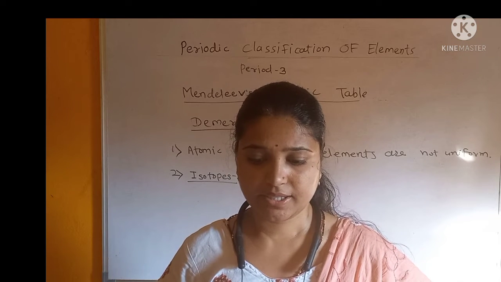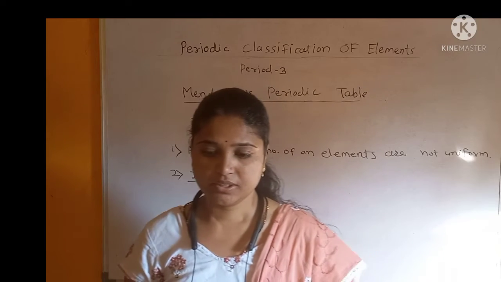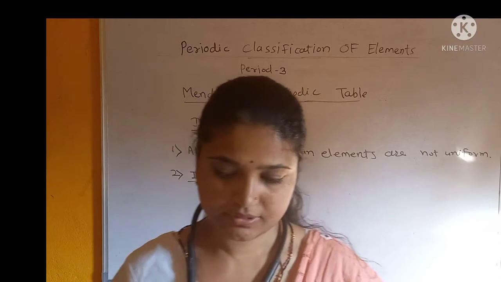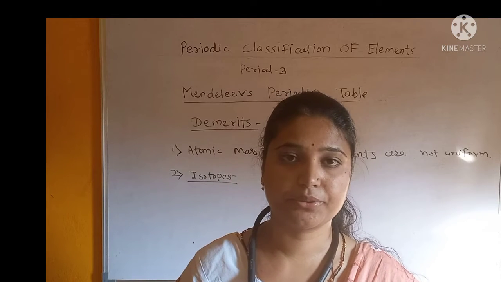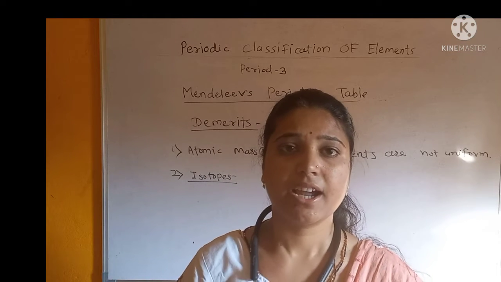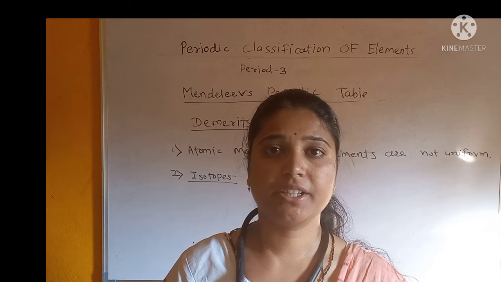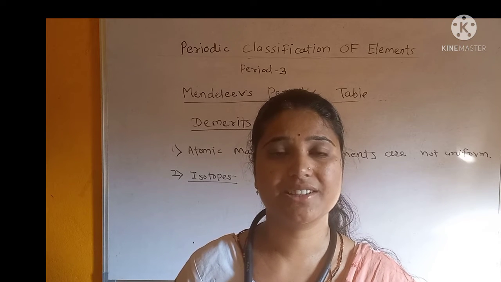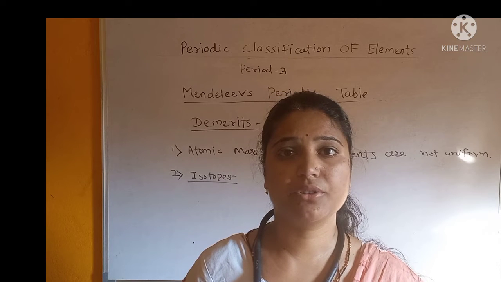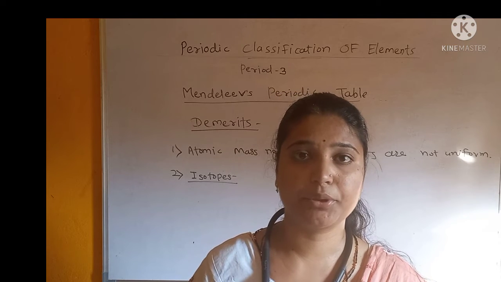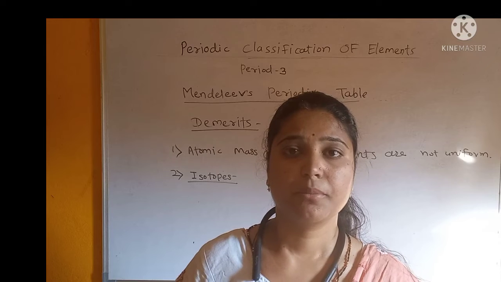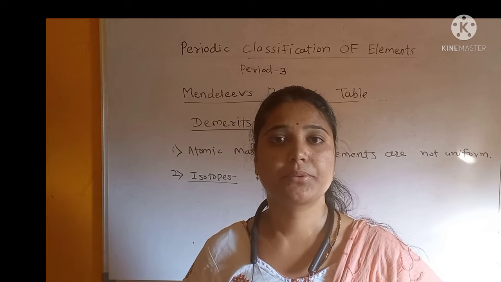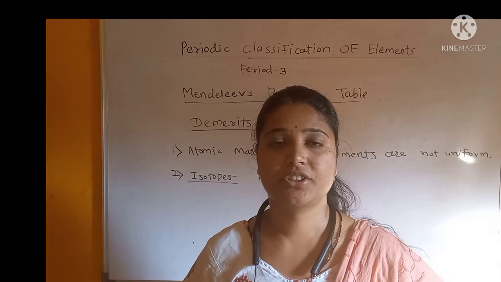Next is the position of hydrogen. Hydrogen gas, H2, shows properties similar to the halogens like fluorine, chlorine, bromine and iodine, and it also shows some properties related to the alkali metals like lithium, sodium, potassium and rubidium.